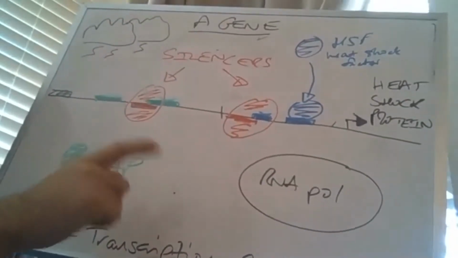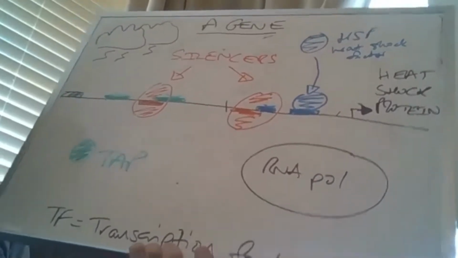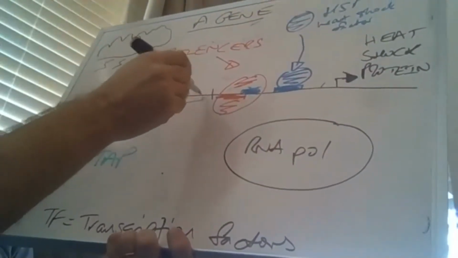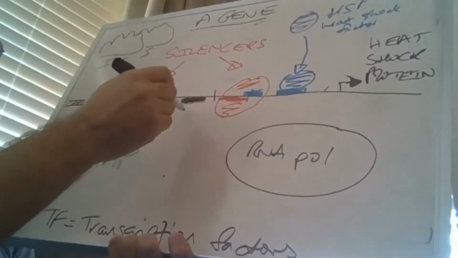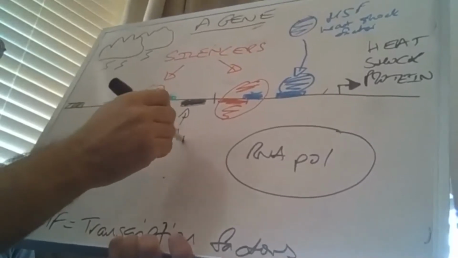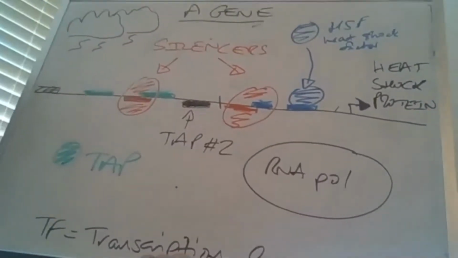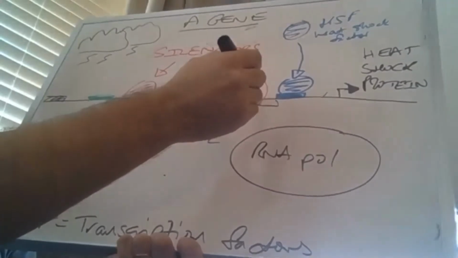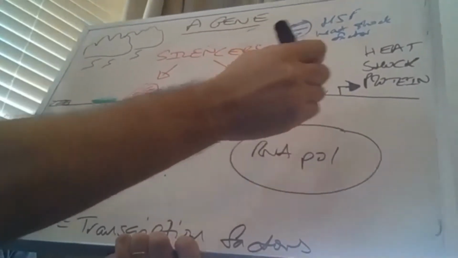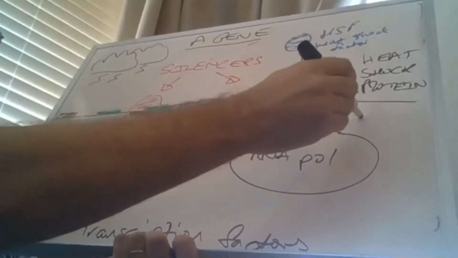But again, just to complicate things, and this is where I wish I had a different color, right? This might be tap number 2, or there may be other regions in here, a transcription factor that's not HSF, right?